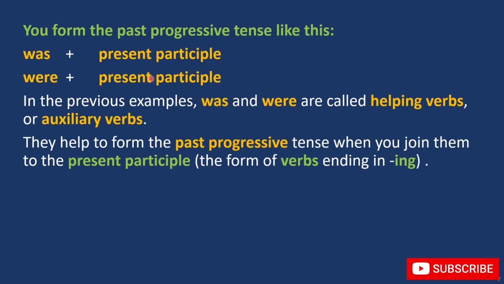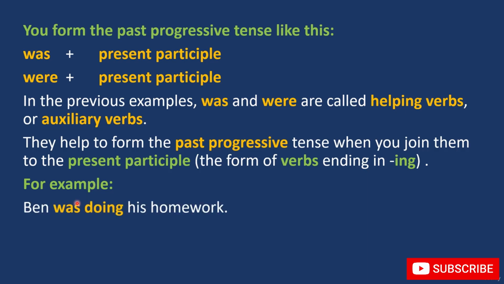What is the present participle? Here I have the word present participle. What does it mean? The form of the verbs ending in ing. So when I say was plus present participle, I mean was plus verb plus ing. Were plus present participle means were plus verb plus ing. So again, we use was or were plus verb plus ing.